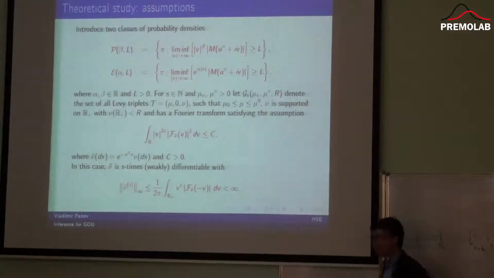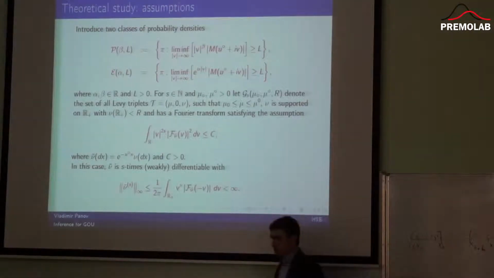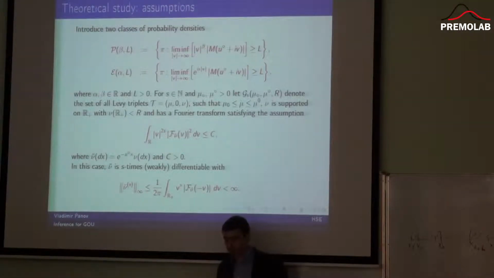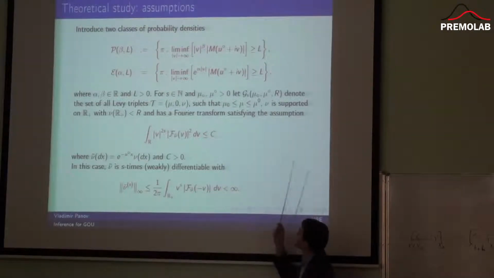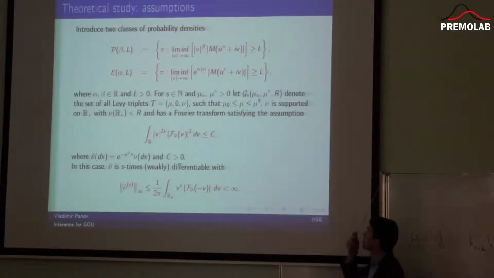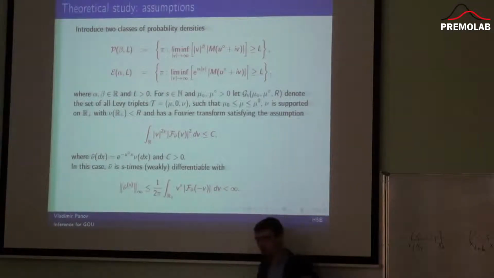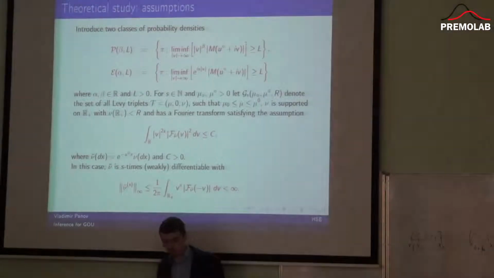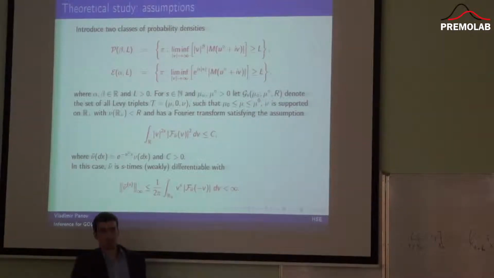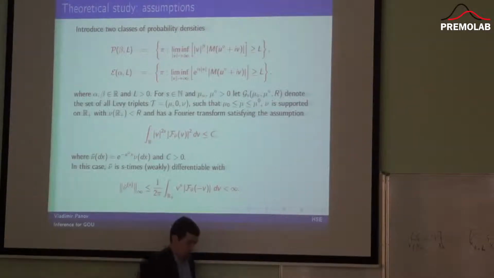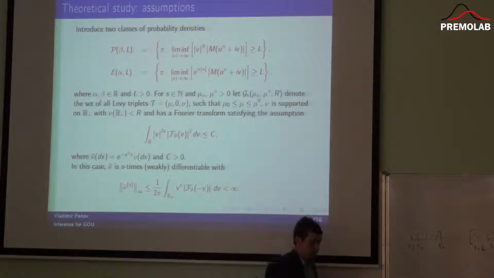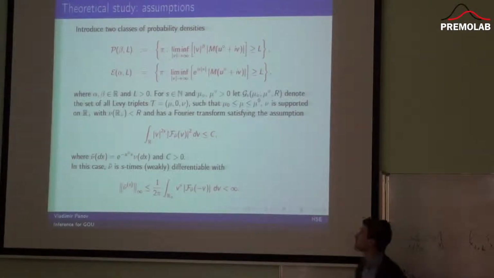Actually, the crucial role for theoretical properties plays the asymptotic behavior of the Mellin transform when the imaginary part of its argument is tending to infinity. And in most cases, we have two different behaviors of the Mellin transform.